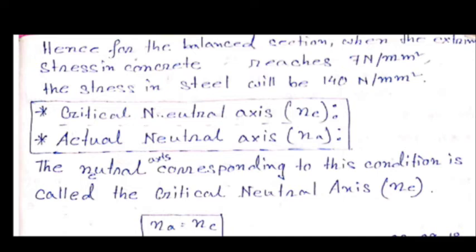That means in case of an unbalanced section, the actual position of the neutral axis is called the actual neutral axis. In case of a balanced section, the actual neutral axis and the critical neutral axis are equal, in the same position. The neutral axis corresponding to this condition is called the critical neutral axis, as I said earlier. So we can see Na is equal to Nc.